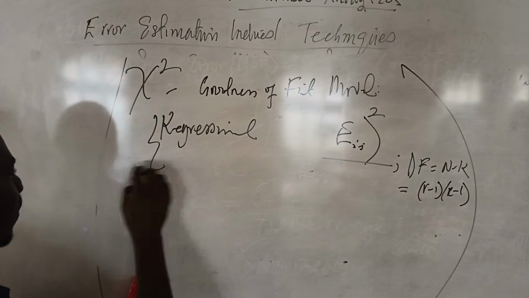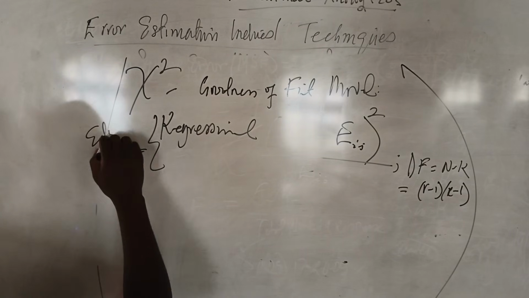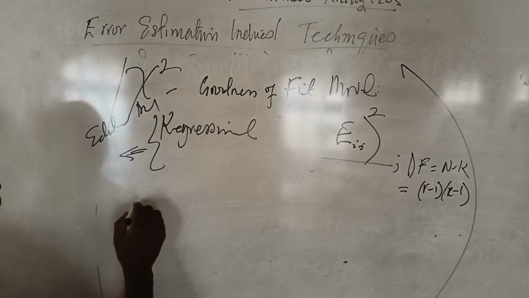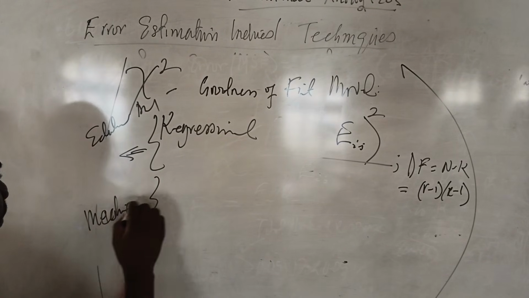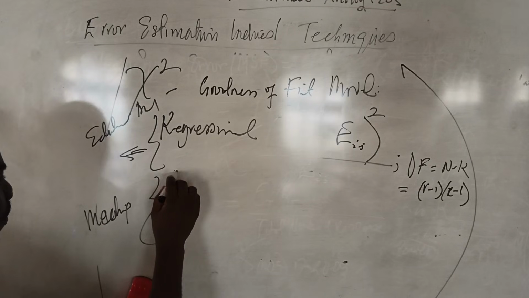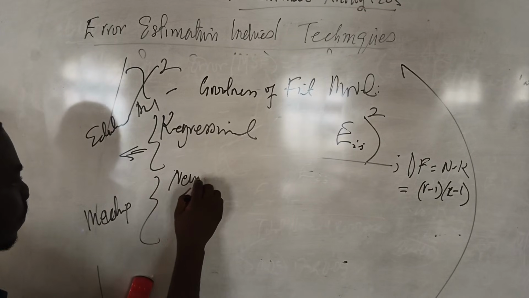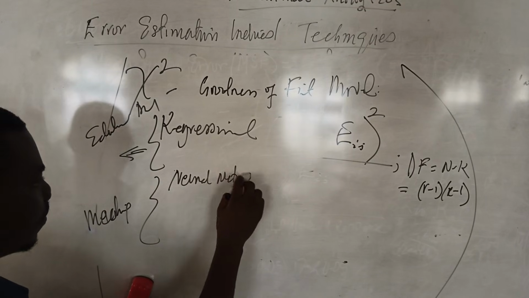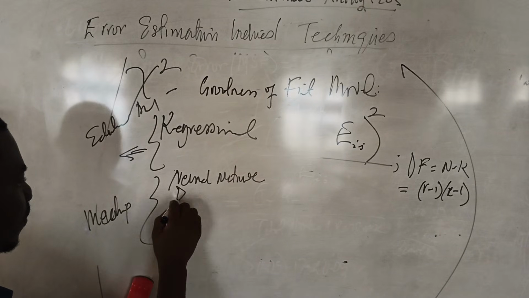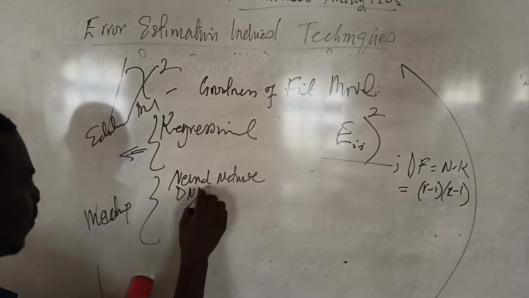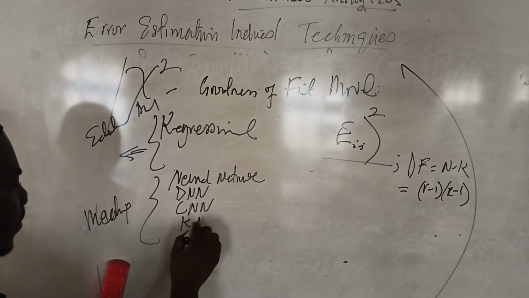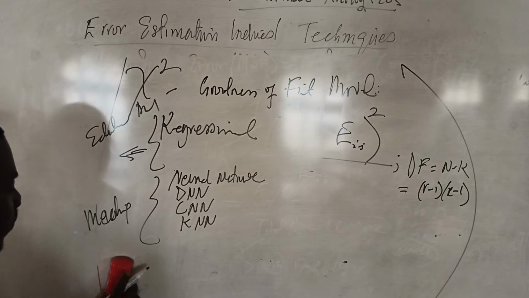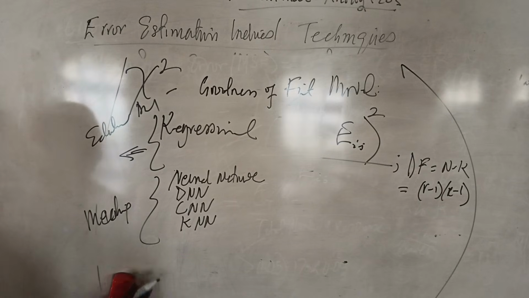These are fundamental in educational analytics, but in machine learning analytics, we have neural networks, deep neural networks, CNN, convolutional neural networks, and k-nearest neighbor, that's for cluster analysis, and other ones that could be used.